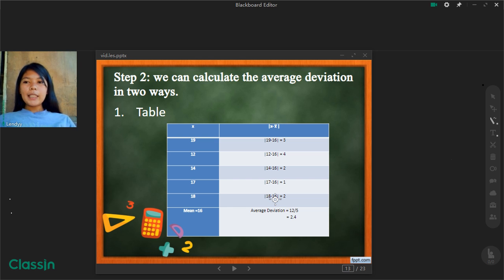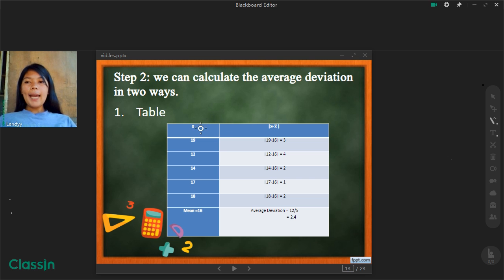Our step 2 is we will now calculate our average deviation since we already found our mean. In calculating our average deviation, we have 2 ways. The first way is a table. When we use a table, we will have 2 columns.